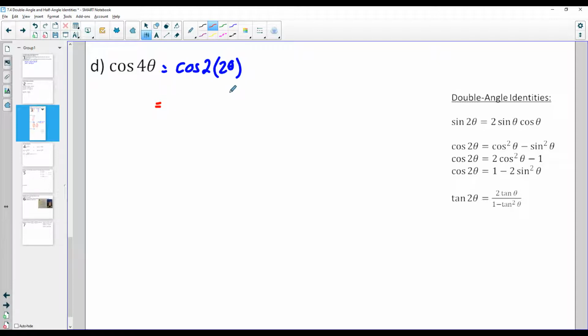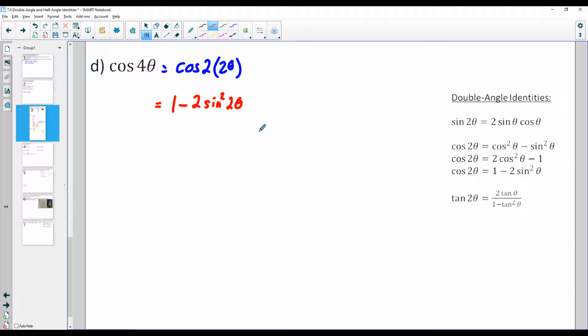So cosine of 2 theta is really going to be 1 minus 2 sine squared of theta, but instead of theta in here, we have 2 theta. So sine squared of 2 theta. Ooh.